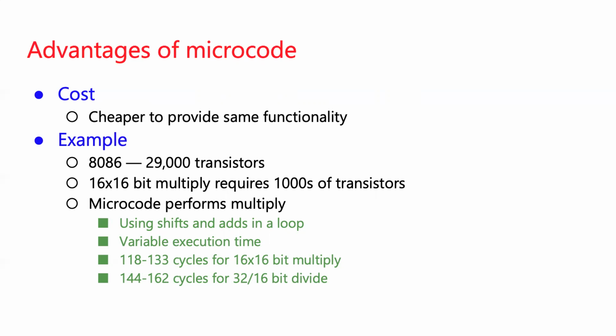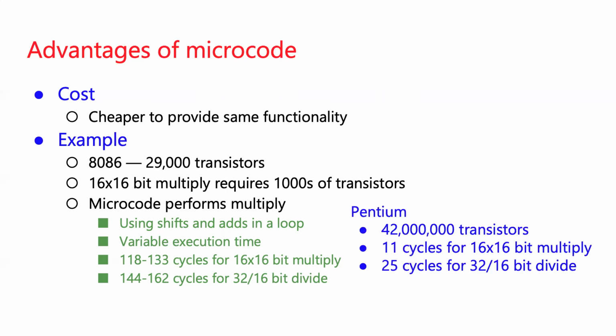And at the time, on the 8086, multiplying two 16-bit numbers might have taken between 118 and 133 clock ticks to do that. Dividing was even more expensive, between 144 and 162 clock cycles to do a 32-bit divided by 8-bit division.